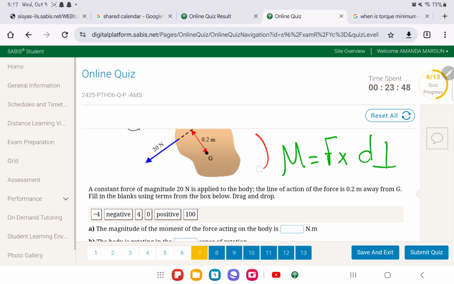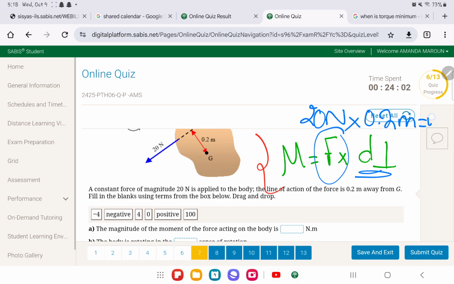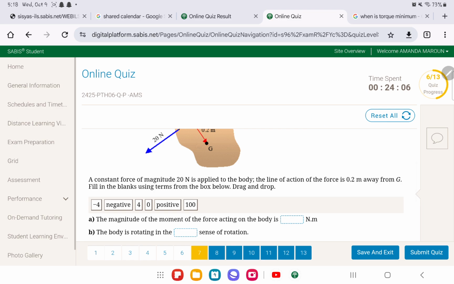This is the only equation we're going to use in the full chapter, by the way. That's why it's really easy, okay? So our force is 20 newtons multiplied by our perpendicular distance, which is 0.2 meters. We are going to get 4 newton meters. So the magnitude of the moment acting on the force is 4 newton meters.